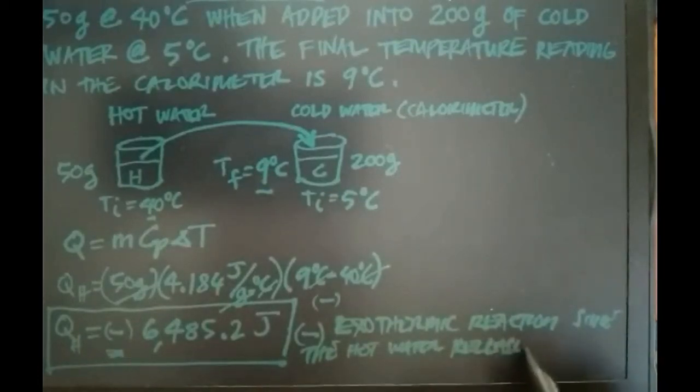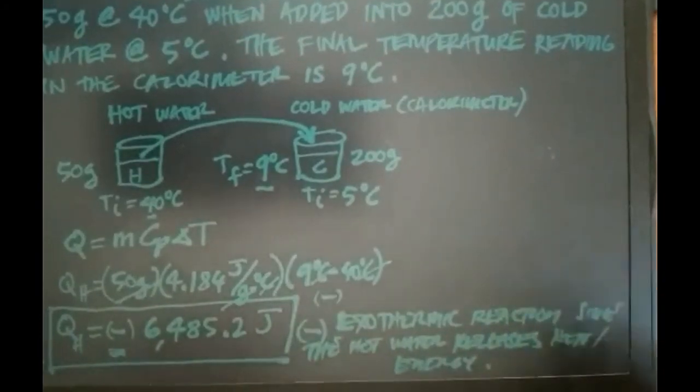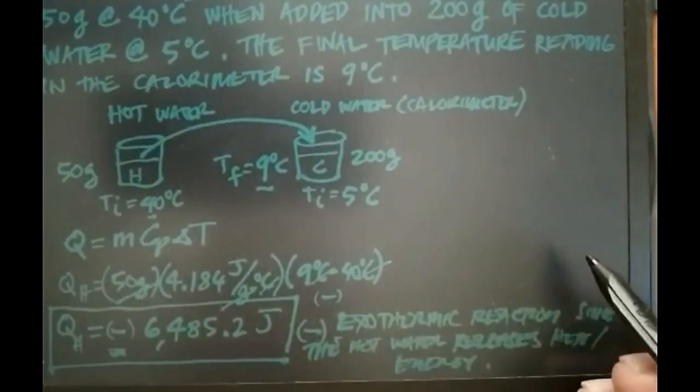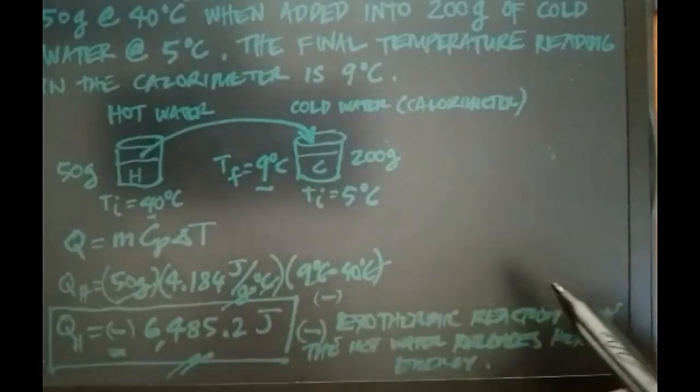So our energy for hot water, an exothermic process, is negative 6,485.2 joules. And that will be our final answer for this problem.